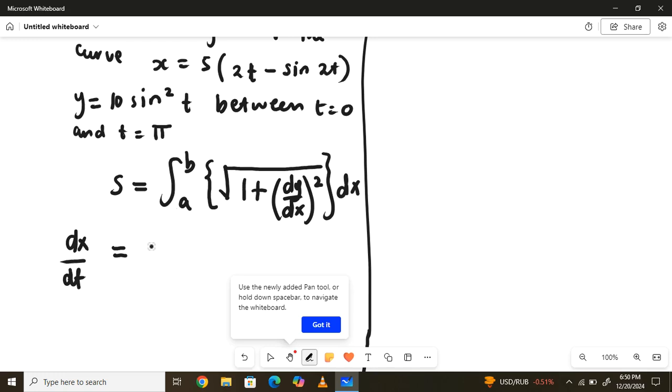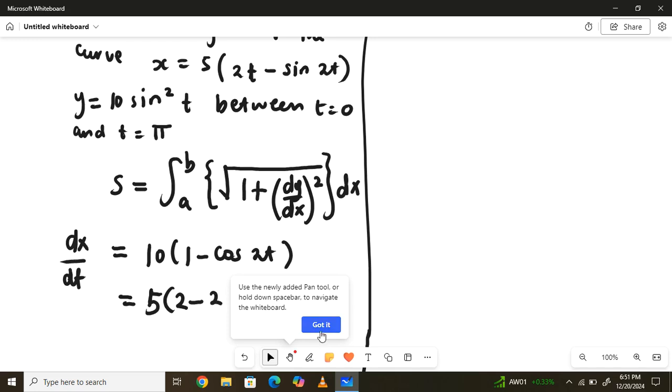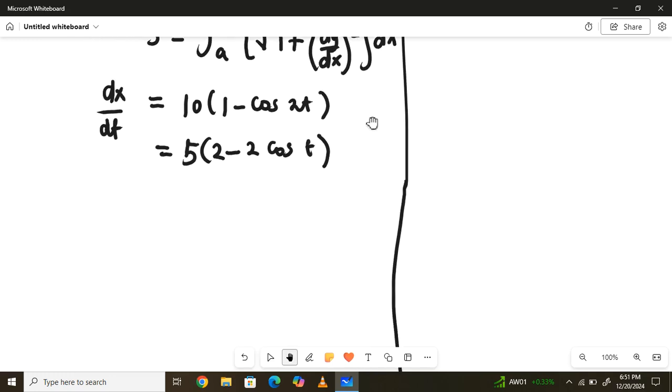That's dx/dt. That's the same as 5, we factorize 5 into 2 minus 2 cos 2t. We are applying the rules and the trigonometric values.